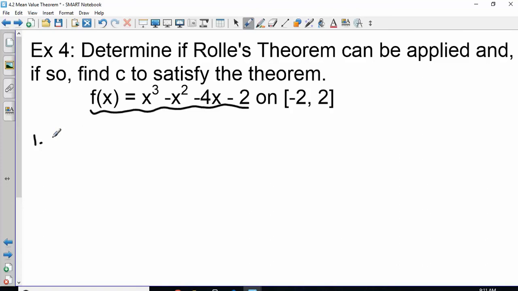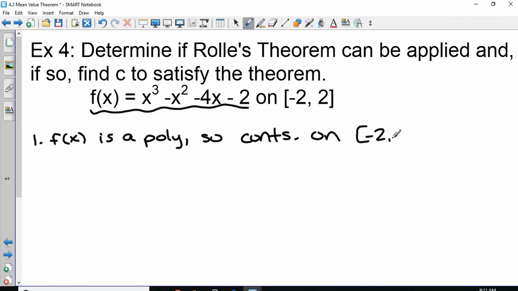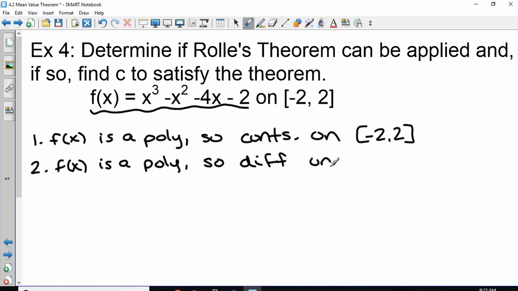So if you want to check your conditions, f of x is a polynomial, so it's continuous on the closed interval -2 to 2. By the same reasoning, it would be differentiable as well. I mean, it'd be differentiable everywhere. We only have to have it differentiable in the open interval.